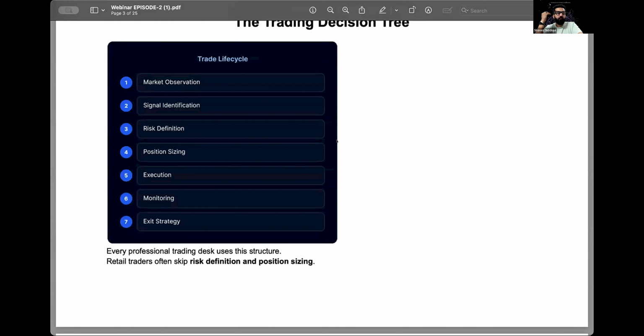What retail traders do is often skip risk definition and position sizing of the trade, because they trade with emotions, they trade with intuitions.